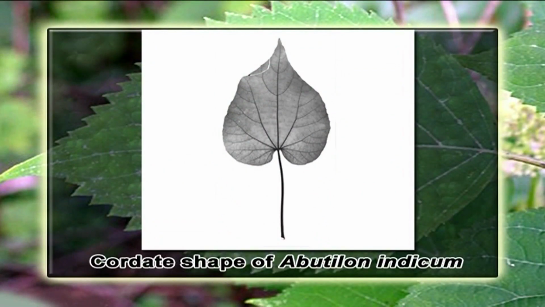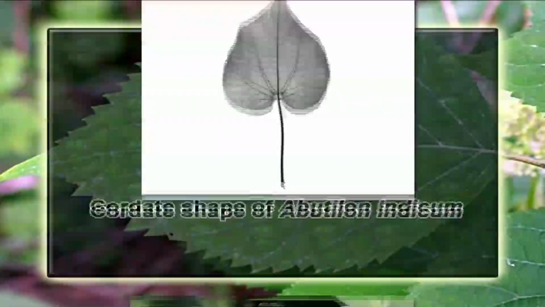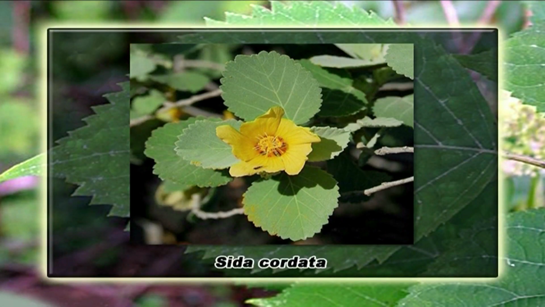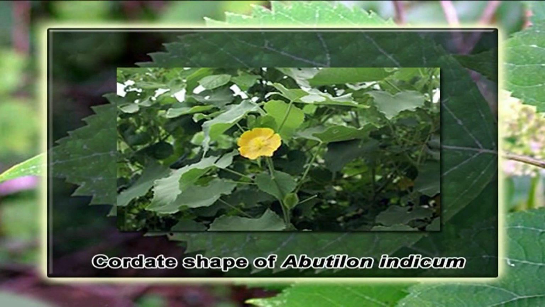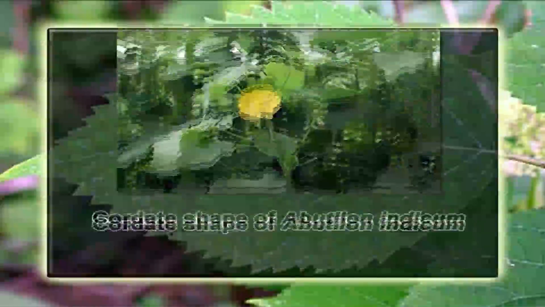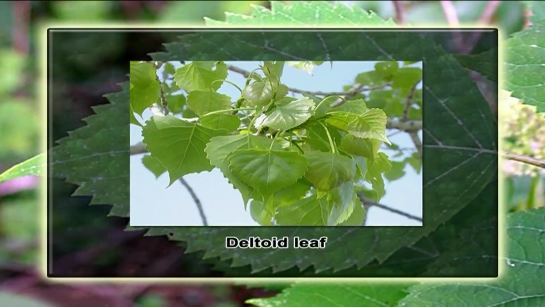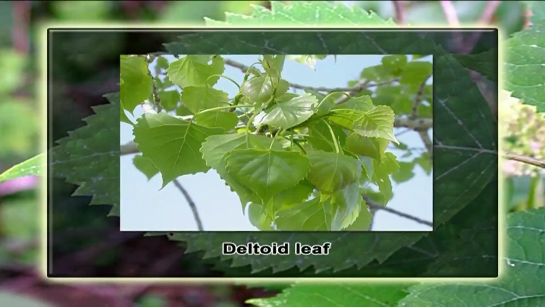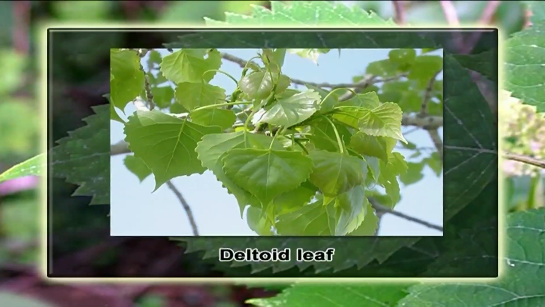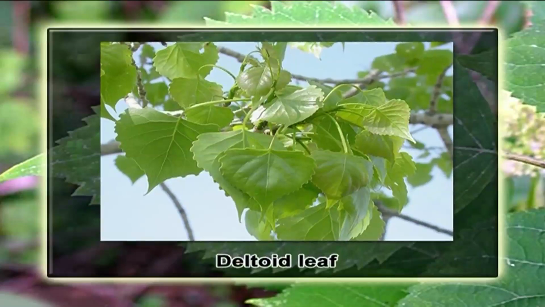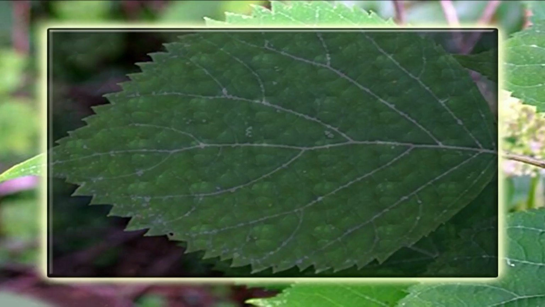Cordate, that's heart-shaped with a sinus and rounded lobes at the base and ovate in general outline, for example, Cedrela cordata, Abutilon indicum, etc. Then deltoid. These are triangular like the Greek delta letter, bottom two corners often rounded off, as in leaves of Populus glauca.